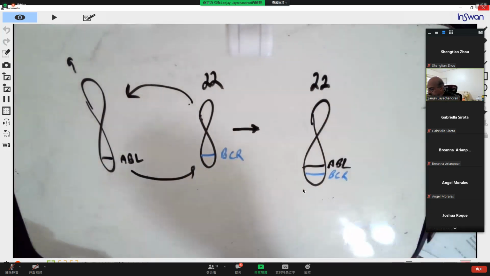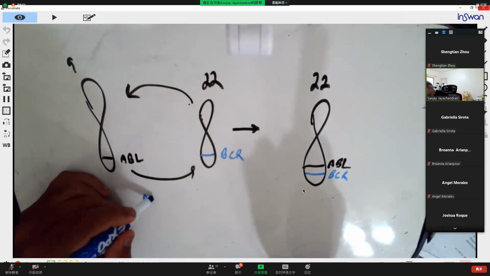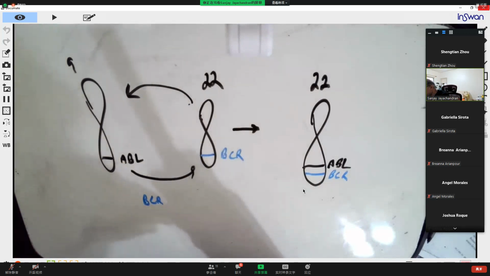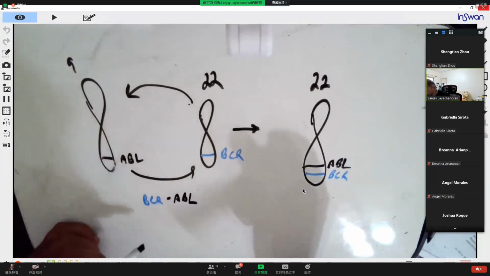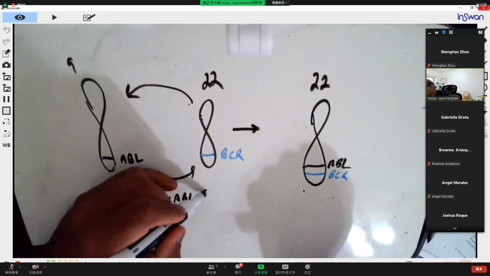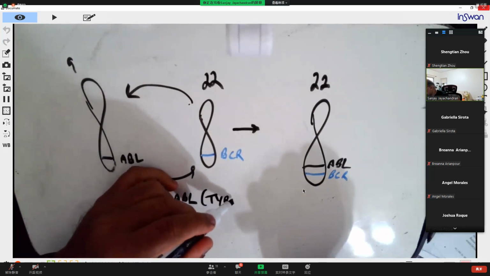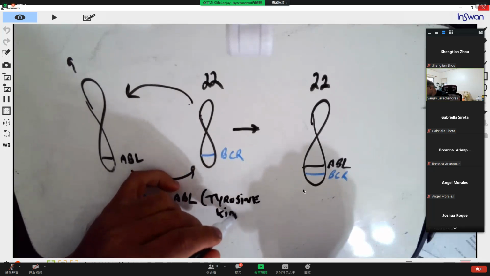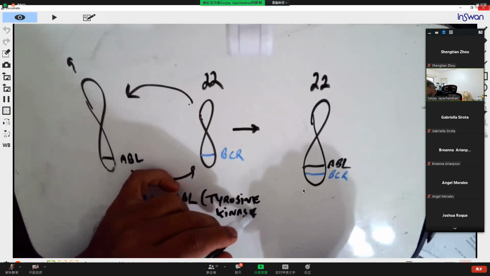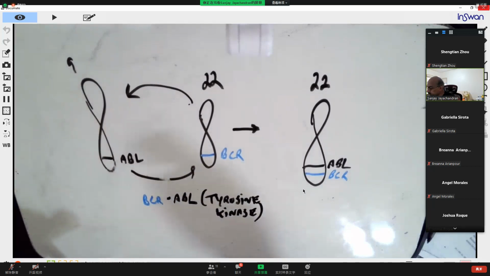And when that happens, you get a new protein, BCR-ABL. This codes for an enzyme called a tyrosine kinase. This is an event that happens when two genes are brought closely together: you get a fusion gene and then a fusion protein.